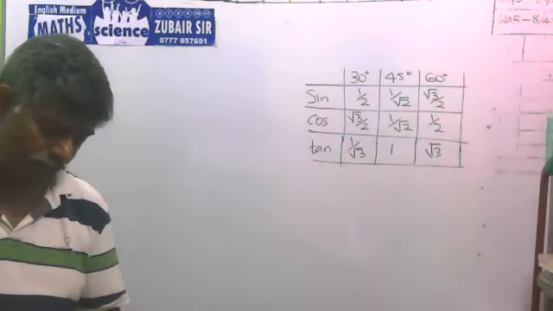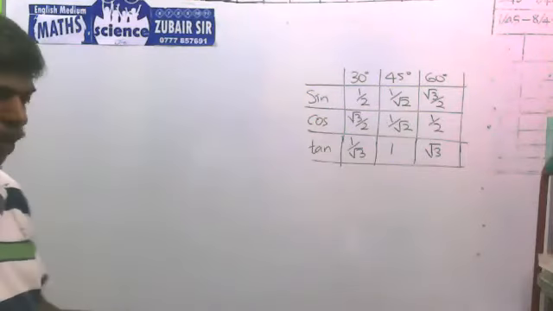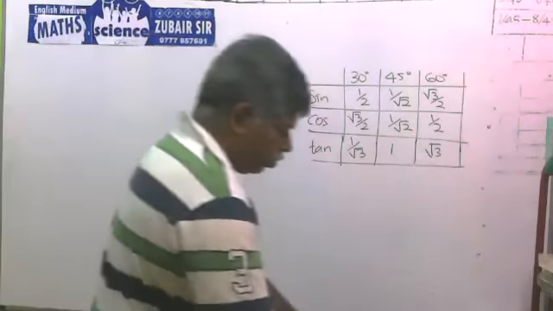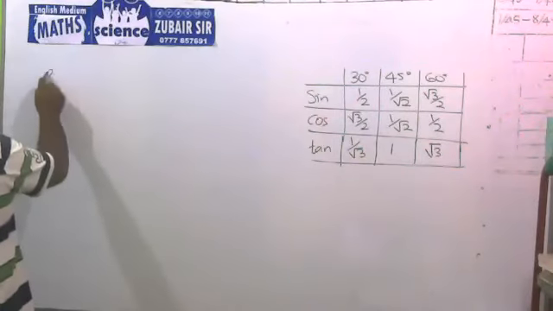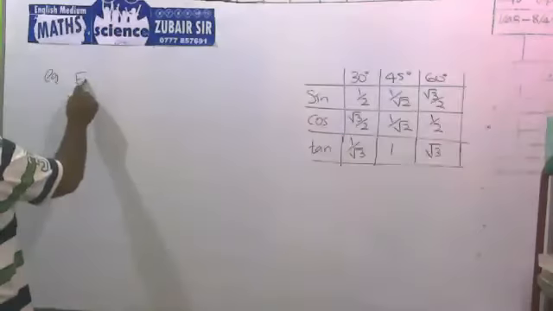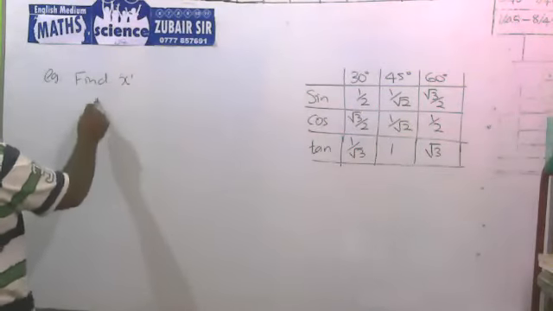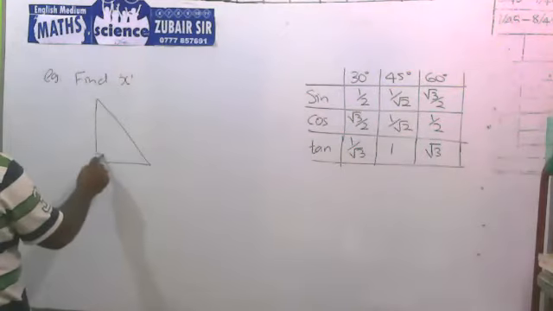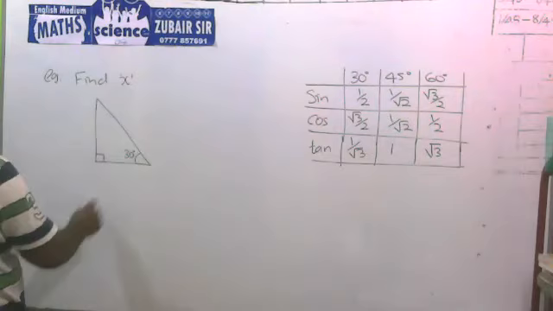So you have observed, and by using this, there are some calculations. For example, they are asking: find x. Right? One triangle is given. This angle is 30 degree.